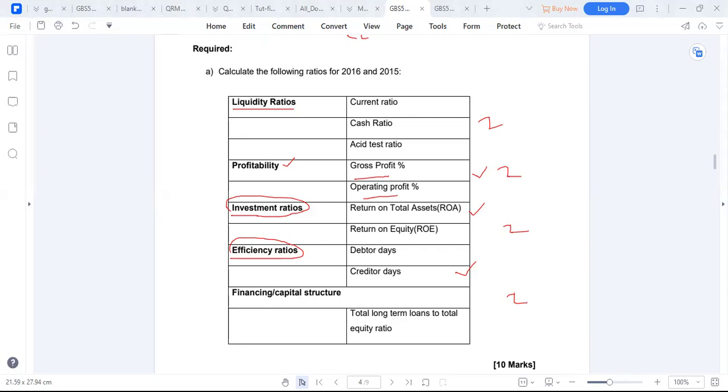Okay. So we've been given two key efficiency ratios, the debtors days and the creditors days. What do these talk about?